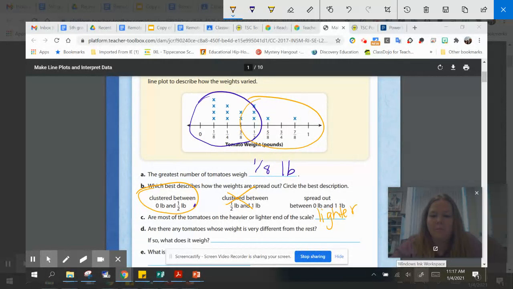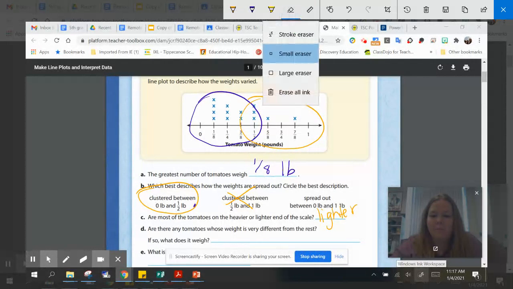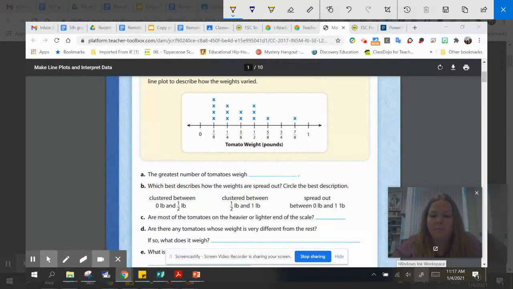Are there any tomatoes whose weight is very different from the rest? Yeah, there's one that's really far off the rest. Do you guys see it? Let me erase my screen for you. This one is kind of all by itself. The rest are all within this group except for that one.